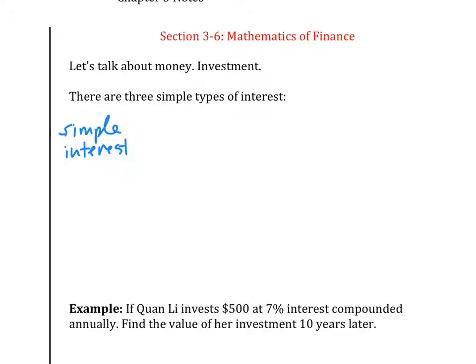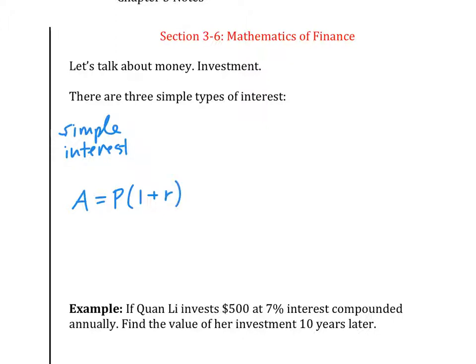Let me give you the equation. So basically, the amount that you get is equal to P, which is the principal that you invest, times 1 plus R, R meaning the interest.